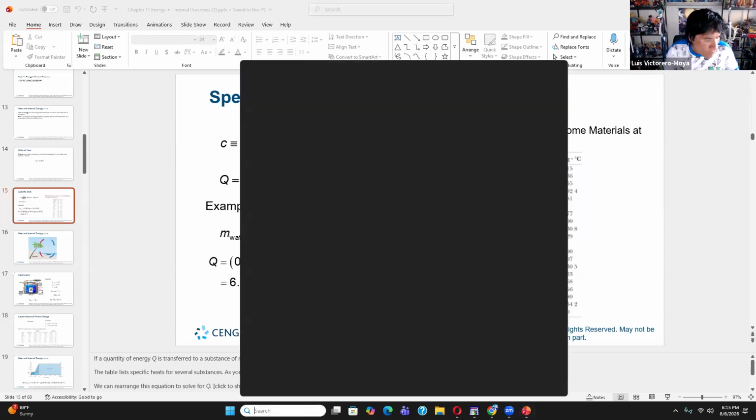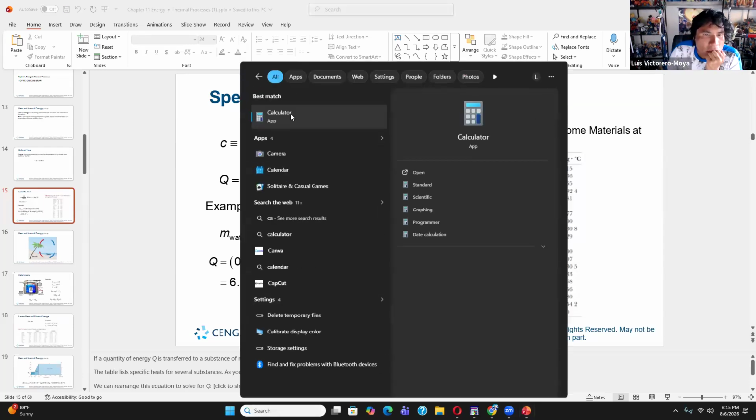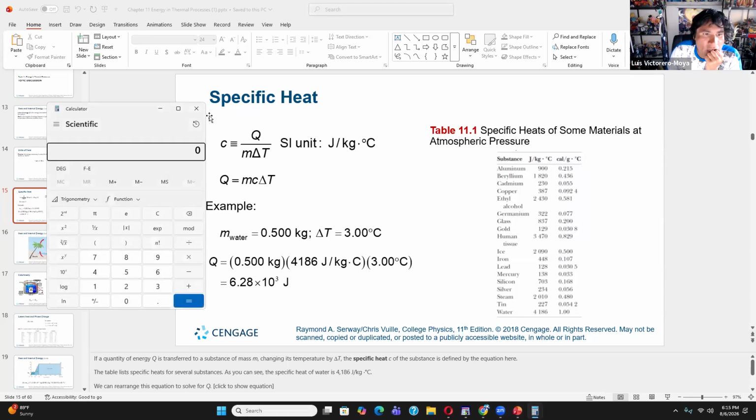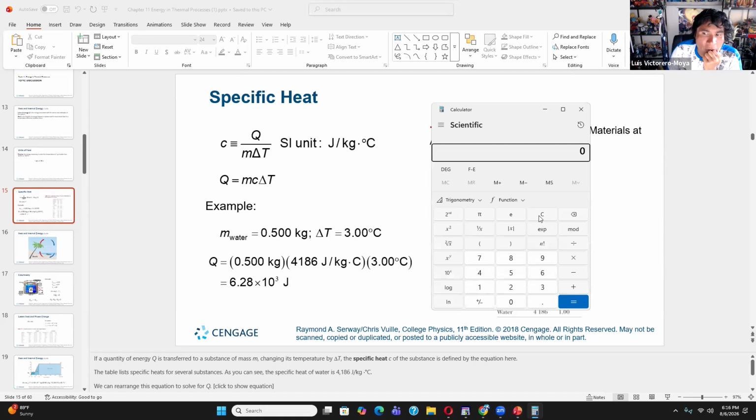If I were to change that into calories, how do I change joules into calories? I just divide this number by 4.186. So it's about 1,500 calories. 1,500 calories is what you burn in a day if you are physically active. All right.